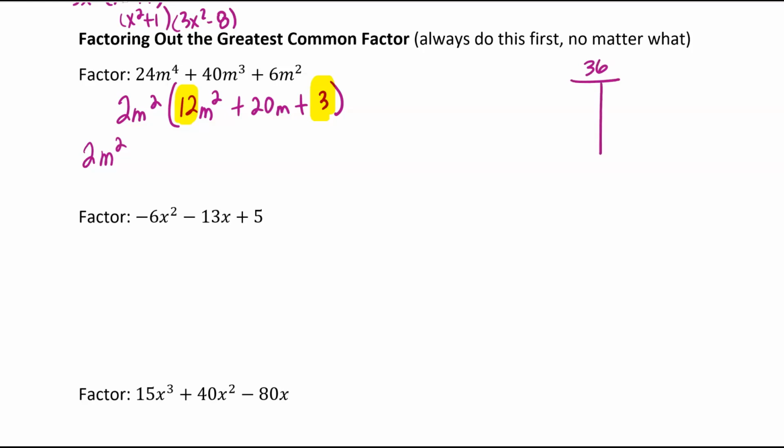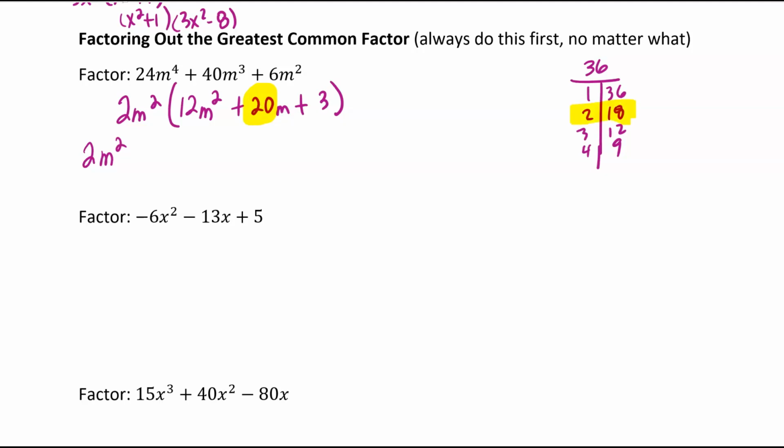The factors are 1 and 36, 2 and 18, 3 and 12, 4 and 9. What would work so that it would add to be the B of that trinomial? And the B of that trinomial is 20. So what would work is 2 and 18.